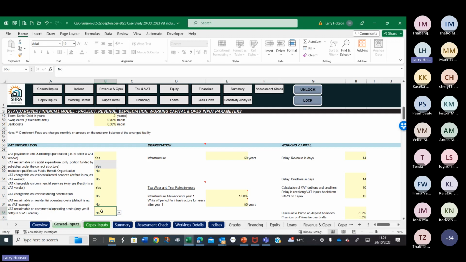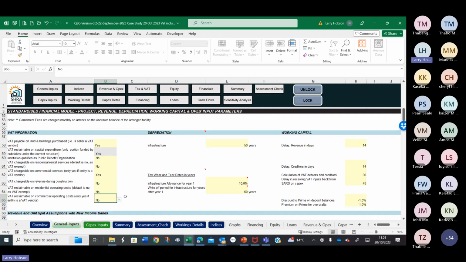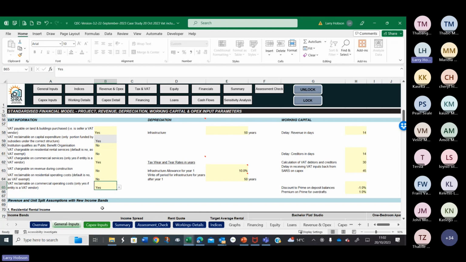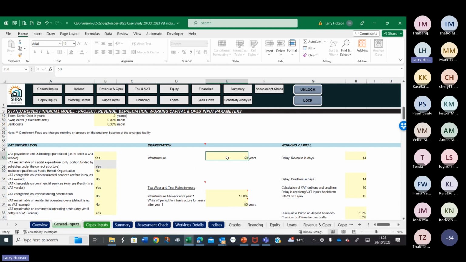VAT reclaimable on commercial operating costs. Well, that's if we were earning. So I'm going to put in a yes there. I don't think it's going to change anything in the numbers, because we're not going to put in any income. So depreciation on infrastructure over 50 years, that's 2% per year.